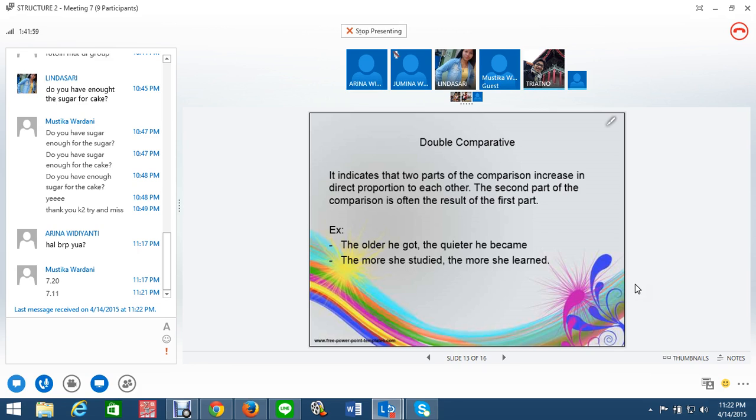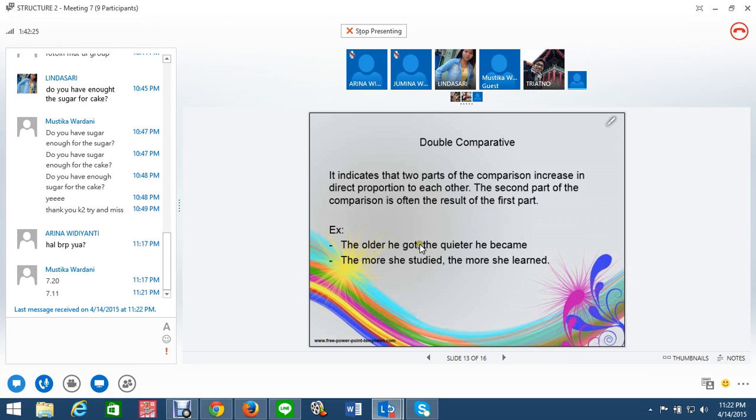Or a double comparative is used to indicate that two parts of the comparison increase in direct proportion to each other. The second part you have to underline, to highlight. The second part of the comparison is often the result of the first part.